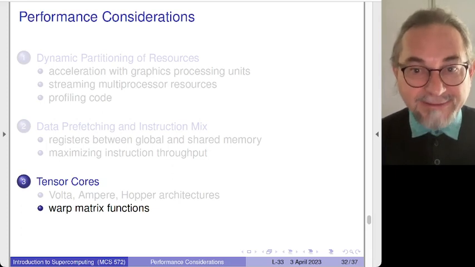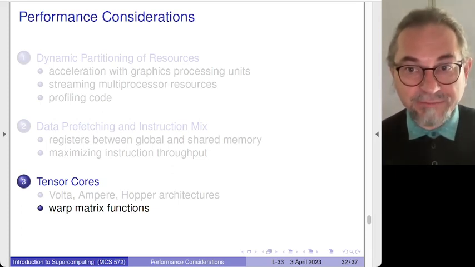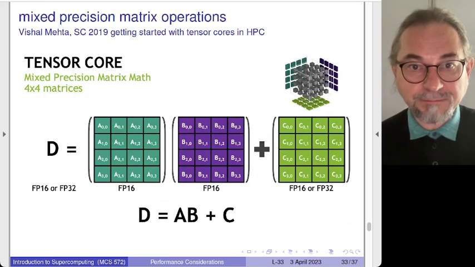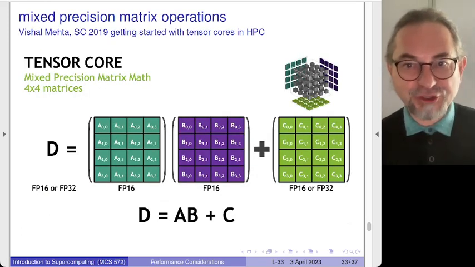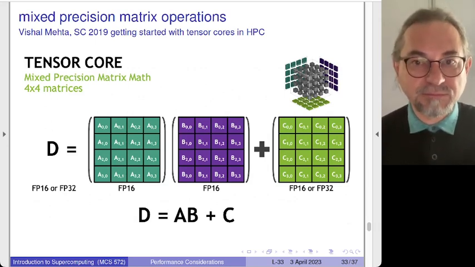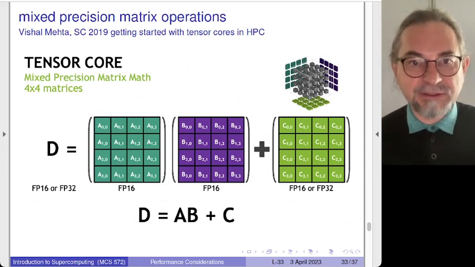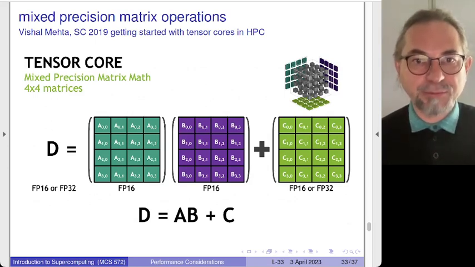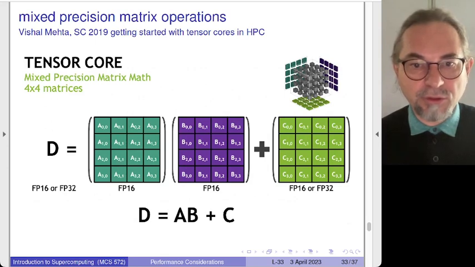Okay, so I will end with an excursion into the CUDA development kit. Here's still a picture that I stole from a tutorial. Volta came out in 2017. In 2019 at the big supercomputing conference, there was a tutorial about this.